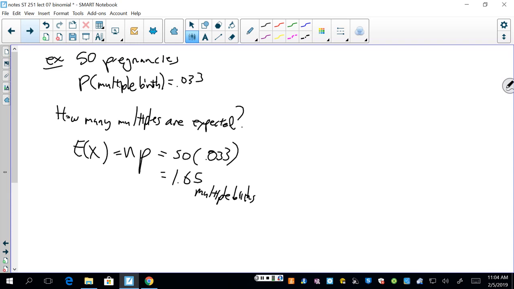What happens if there's 500 pregnancies? Say a smaller hospital, maybe 500 women per year coming through the maternity ward. How many multiple births do they expect during a year?